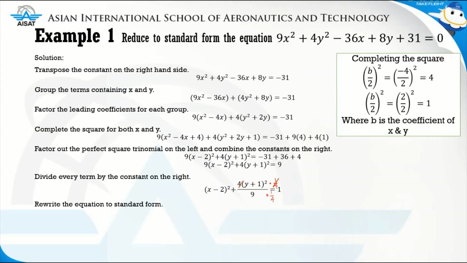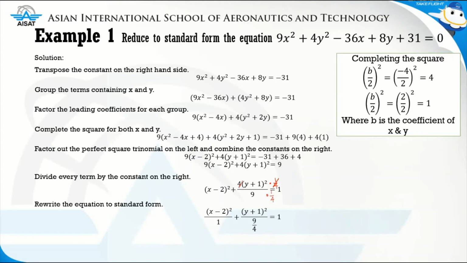So therefore, the standard form of our ellipse is x minus 2 quantity squared over 1 plus the quantity of y plus 1 quantity squared over 9 over 4 is equal to 1. And that is the standard form of our ellipse.